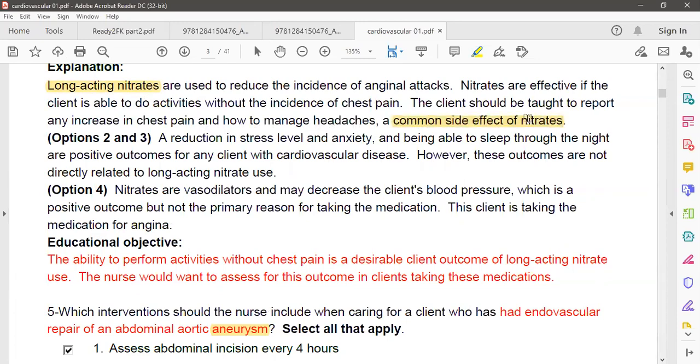So if the patient has any complication like this, they will inform the healthcare provider. As I told you, nitroglycerin is not related to stress or anxiety reduction or any sleepiness, right? It does not indicate anything.